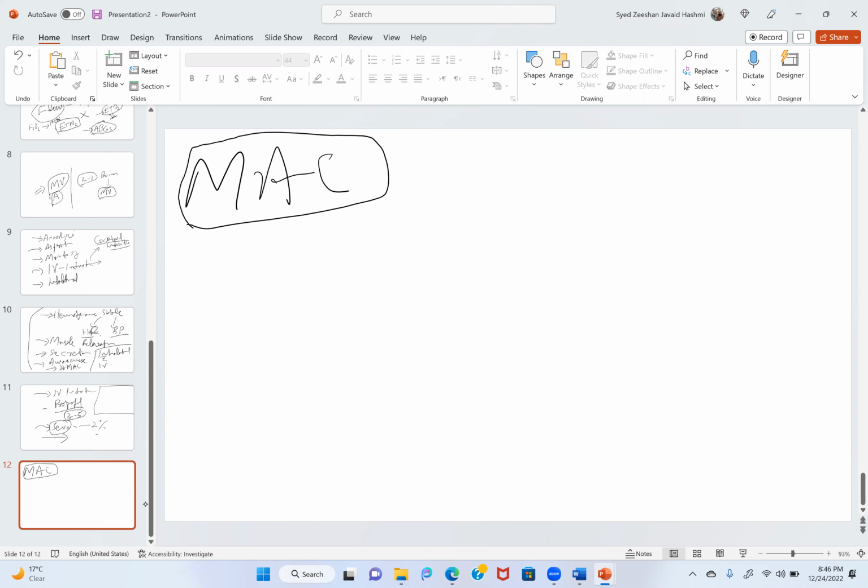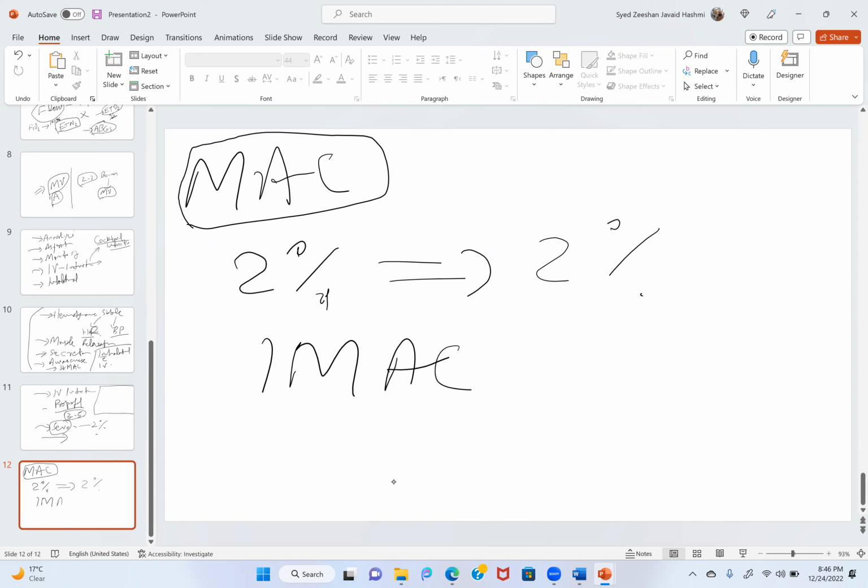Because if I ask this question, what is 1 MAC of sevoflurane? It is 2%. So for example, if you have opened the dial at 2%, are you sure that you are giving 1 MAC? No, we cannot be sure, because MAC is defined for only 50% of patients.